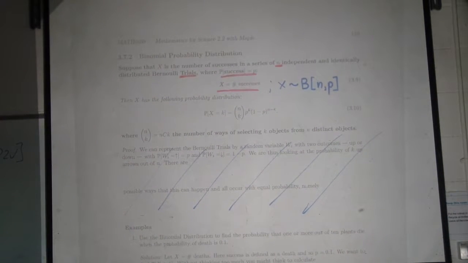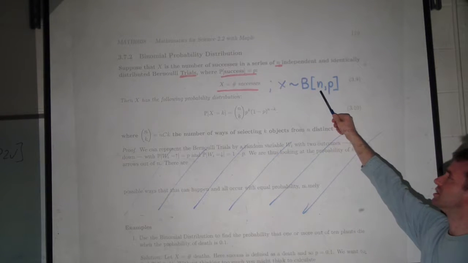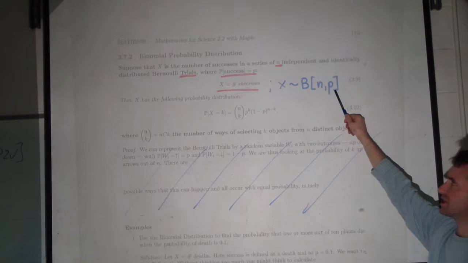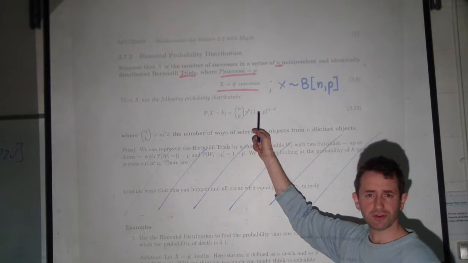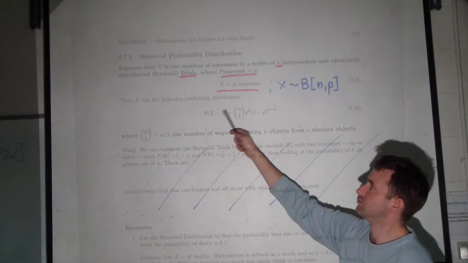I'll use that notation just to signify this situation: you have a number of trials, p is the probability of success, and x is the number of successes, and this is the formula for calculating it.